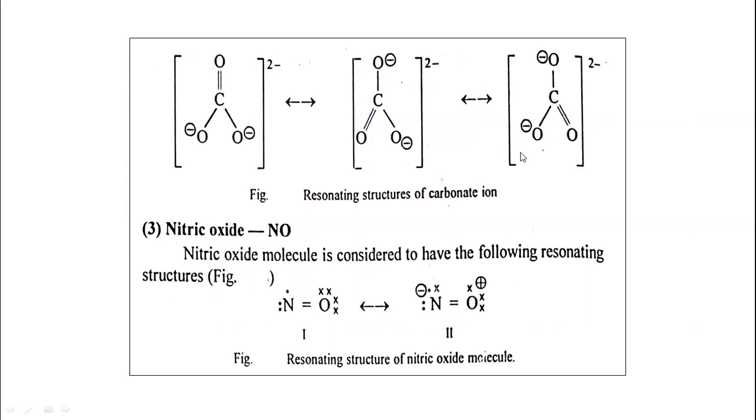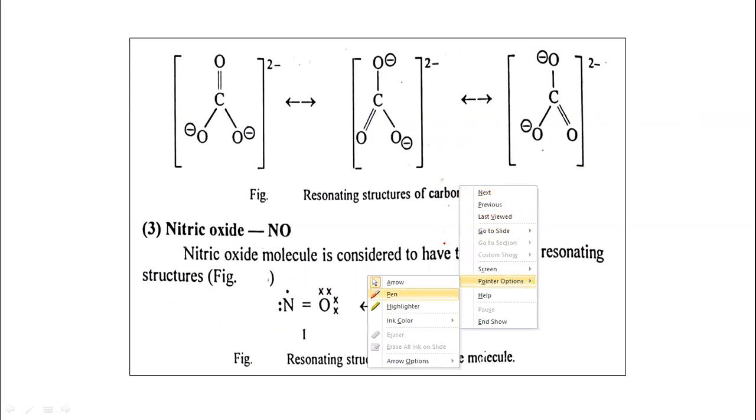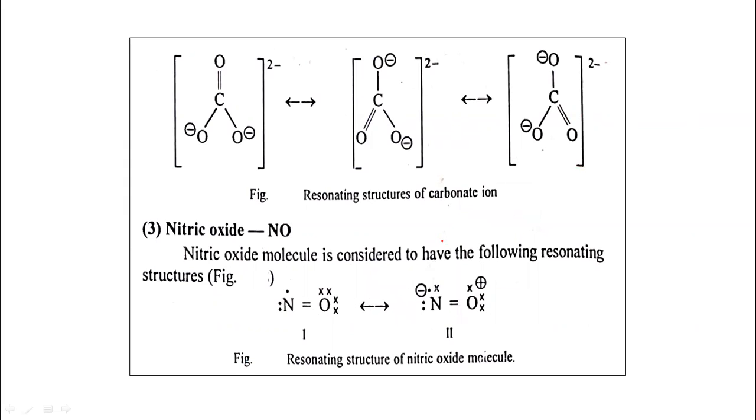Now let us see the nitric oxide molecule. Let us represent the electronic dot structure of the nitric oxide molecule. You can see here, nitrogen has 5 valency, so represent here 5 electrons: two will be here, 2 will be here, and 1 will be here.